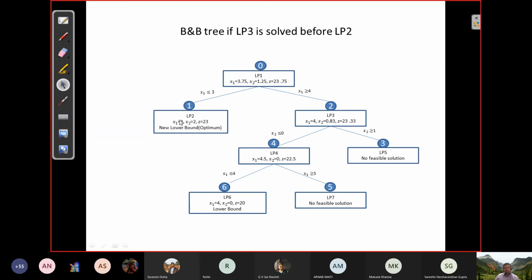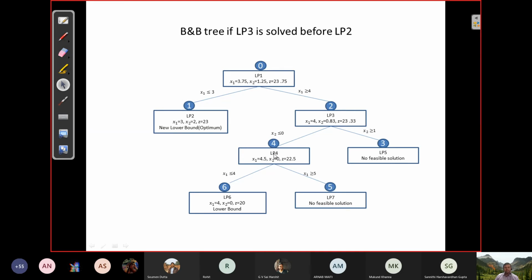Now, can you tell me, suppose from LP3 you are coming to LP4 by adding this constraint, or say for example from node 4 to node 6.